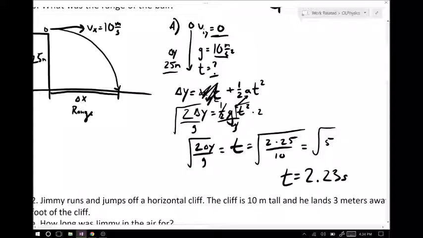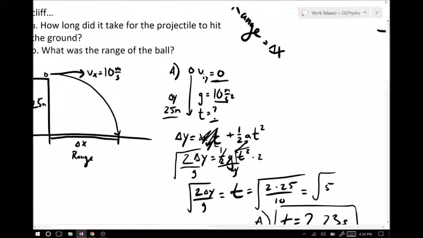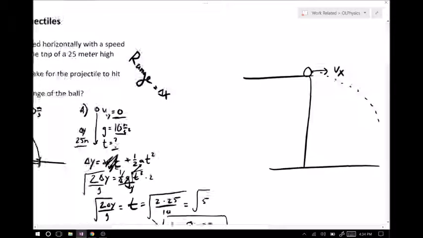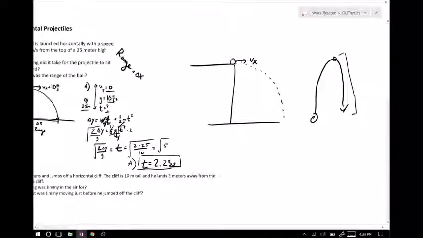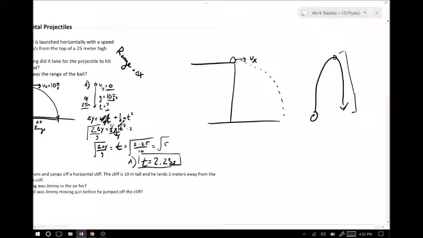And that would be your answer for part A. Now, what that also means is that this projectile can only travel horizontally for that long, the 2.23 seconds. So I'm going to delete all of this right here.